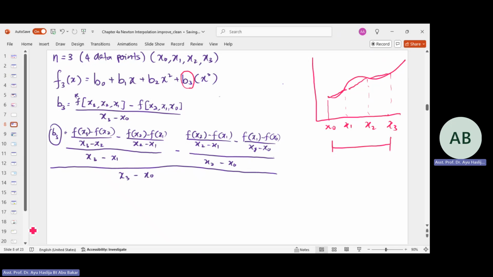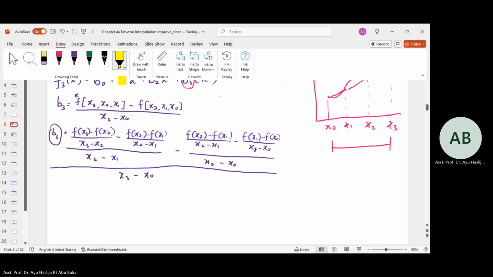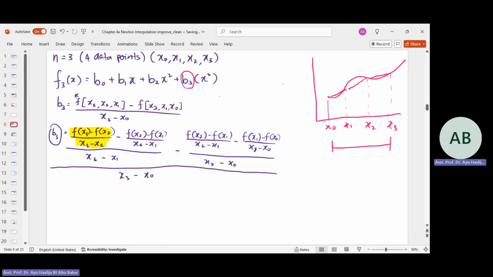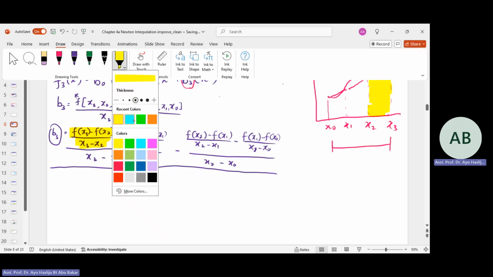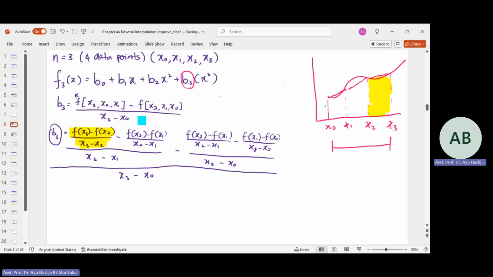Do it from one point to the next. Let's see, from x3 to x2, the slope at this point, then minus the slope from x2 to x1, so it divides between this region.